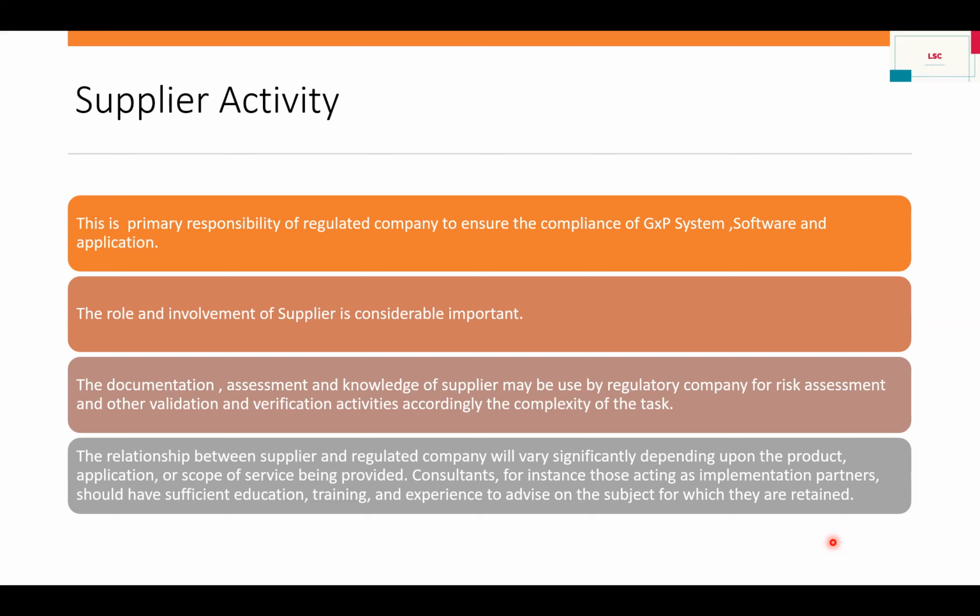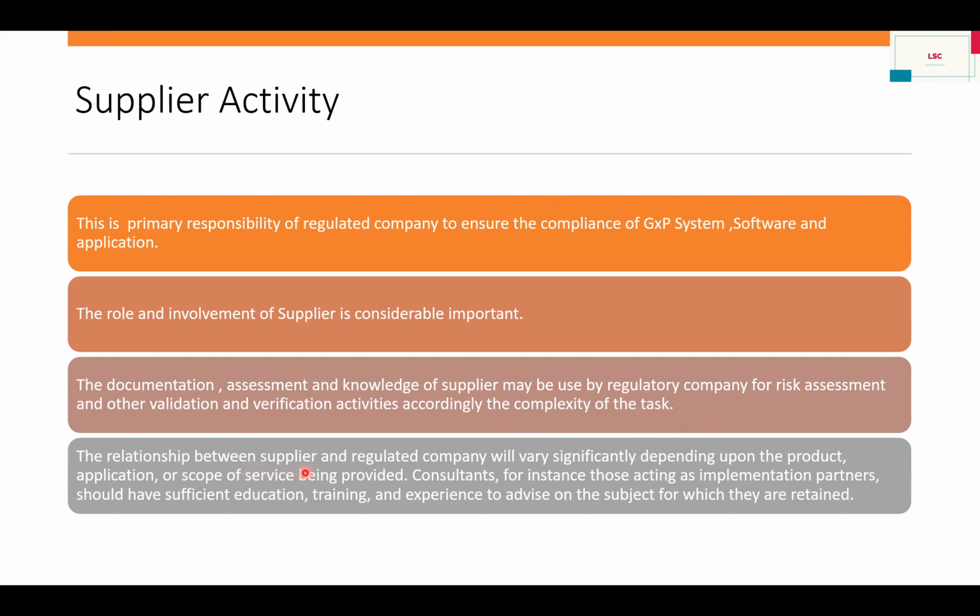Third point, the documentation, assessment and knowledge of the supplier may be used by regulatory companies for risk assessment and other validation and verification activity according to the complexity of the risk. Definitely, we can use all the documentation on the basis of our risk assessment. We can use the documents that are available with the supplier.